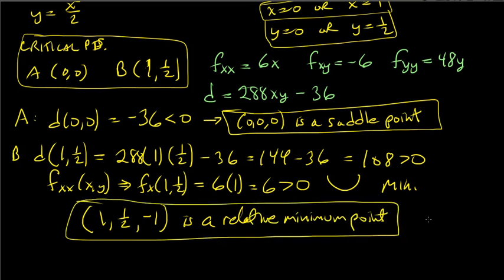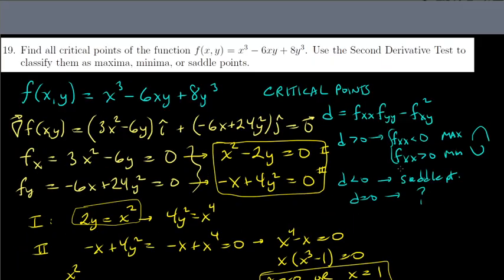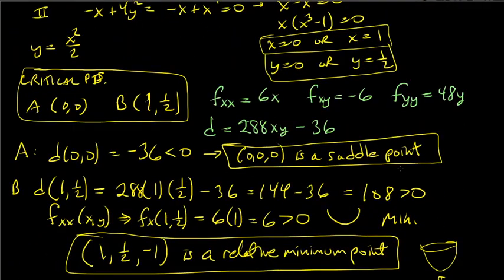Right. So, yeah, think of a paraboloid here. The bottom of the bowl is your relative minimum. So we have one saddle point at 0, 0, and one minimum at 1, 1/2. And I think that answers the question. So that's number 19.